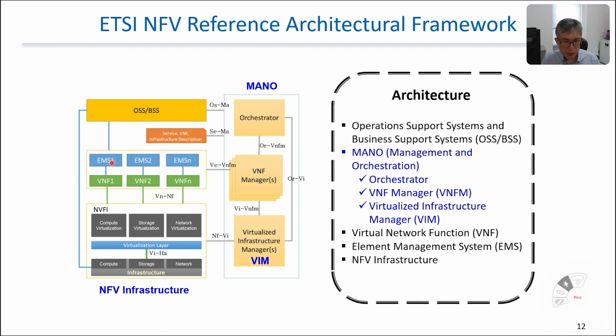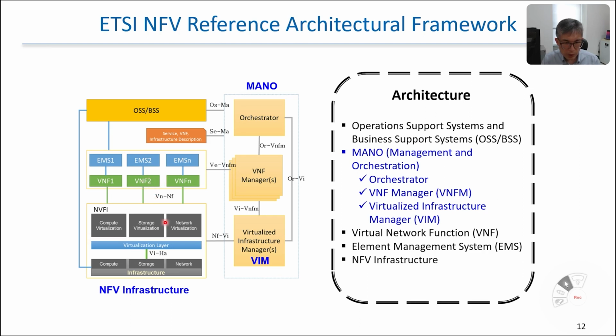For example, EMS1 can make the firewall image run on top of VNF1, so EMS1 is in charge of VNF1 management. EMS2 is in charge of VNF2. Similarly, EMSN is in charge of VNFN, right? Those are implemented on top of the VNFs.